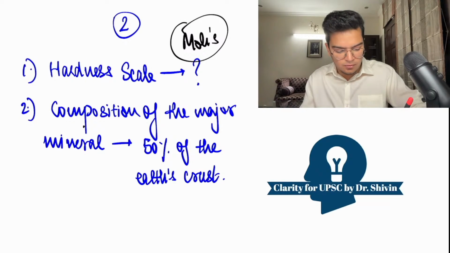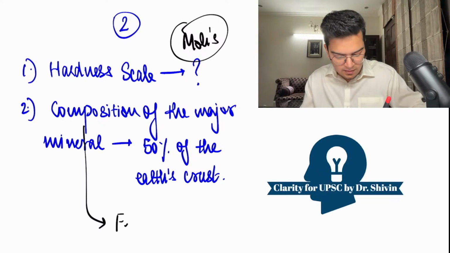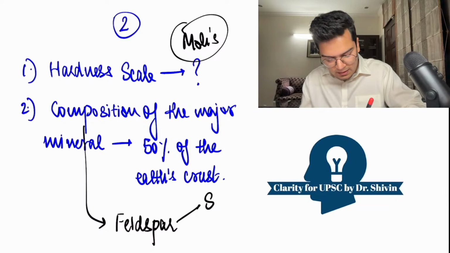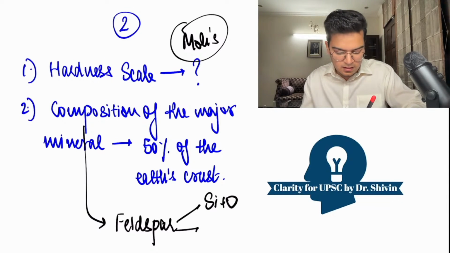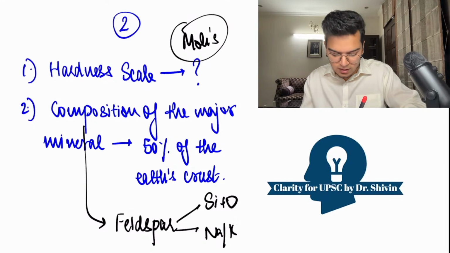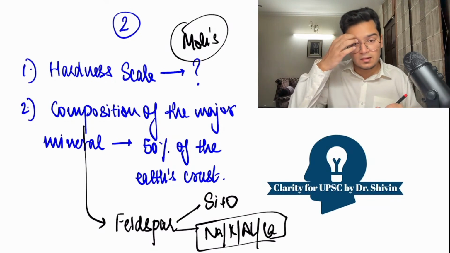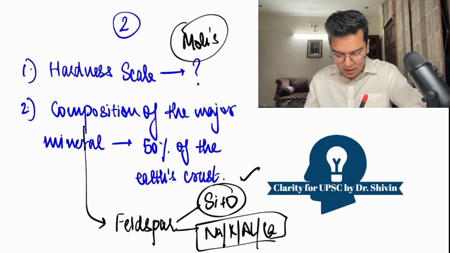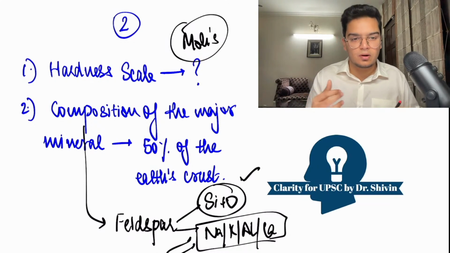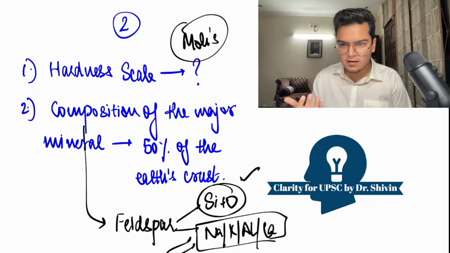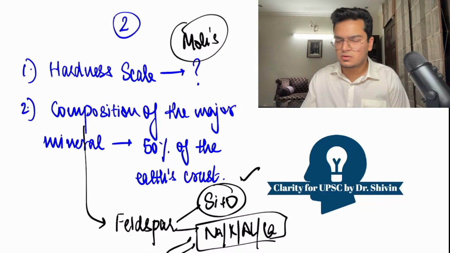And if you look at the composition of the major mineral, this major mineral is feldspar, and it usually contains silicon and oxygen, but it can also contain things like sodium, potassium, aluminium, and calcium in varying quantities, right? So these two are always present, and these two can be present in varying quantities. So I think this again is an NCERT question, not that difficult to solve, and should be something that you should be able to get correctly.